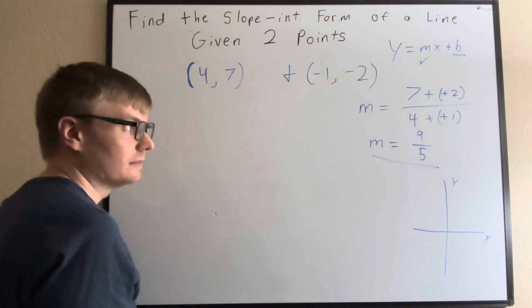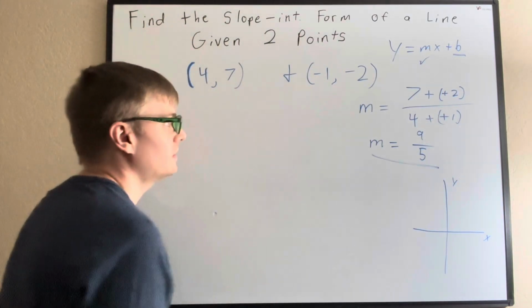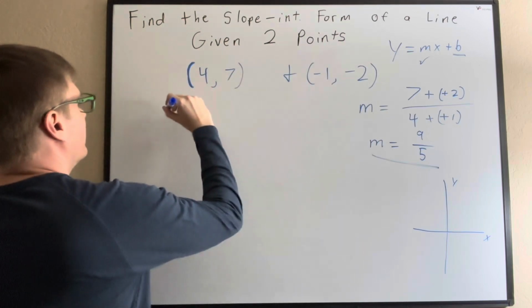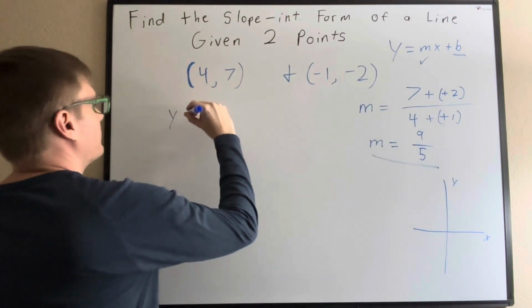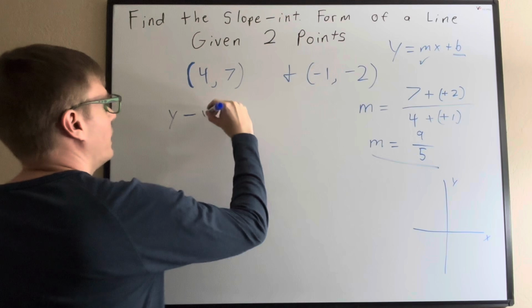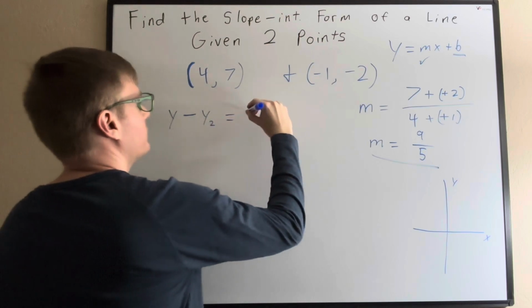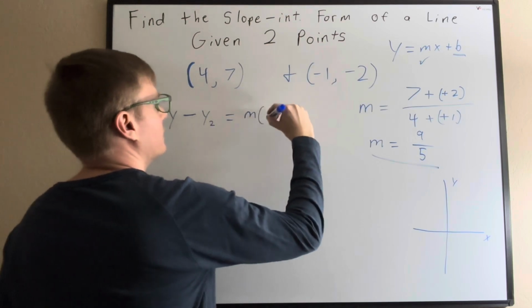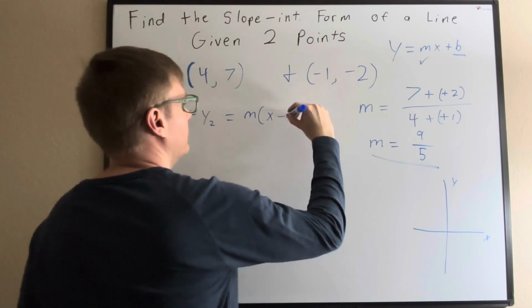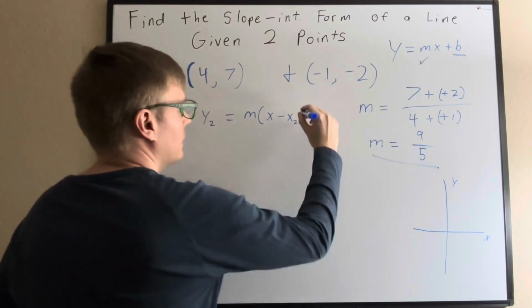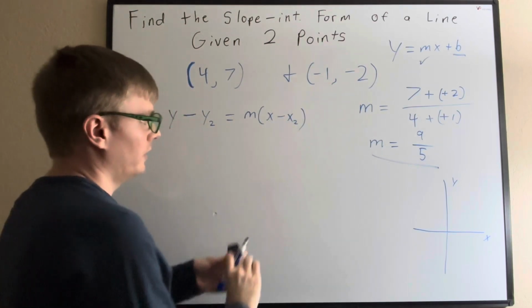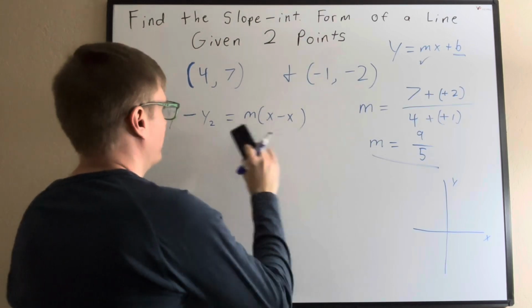How do we get the b part? Point slope. We use the point slope formula, which is y minus y1 equals m times the quantity x minus x1.